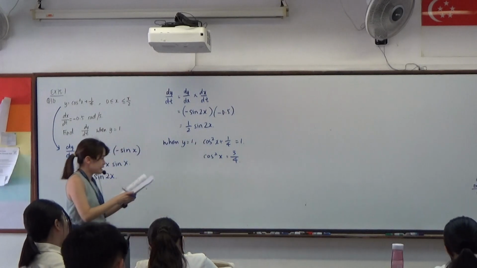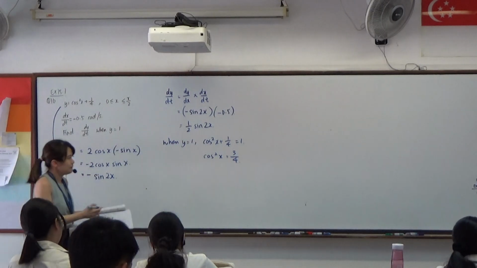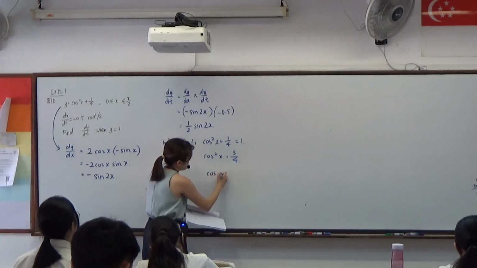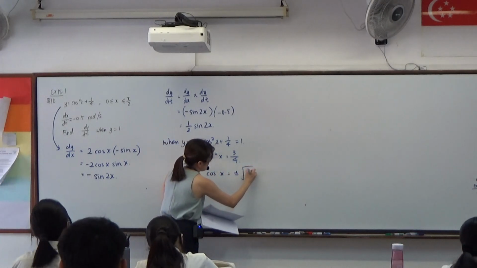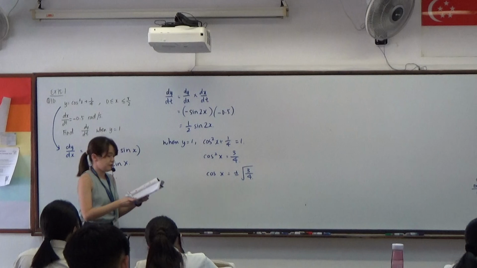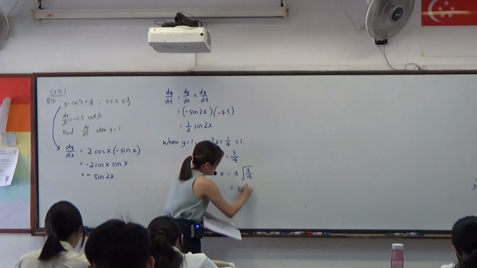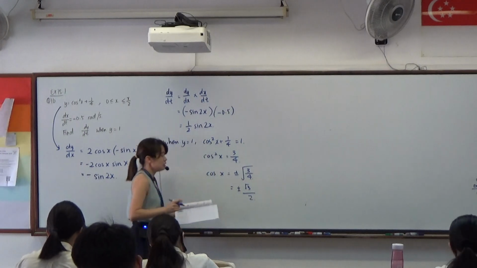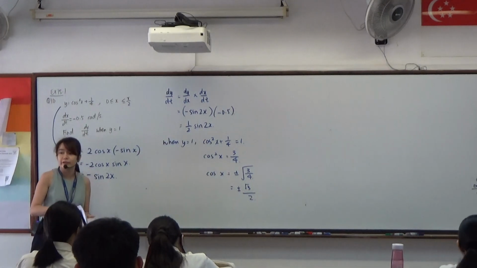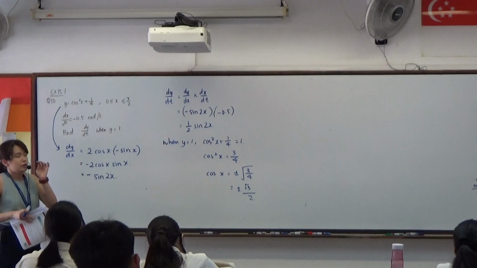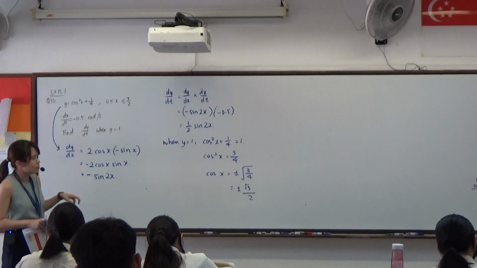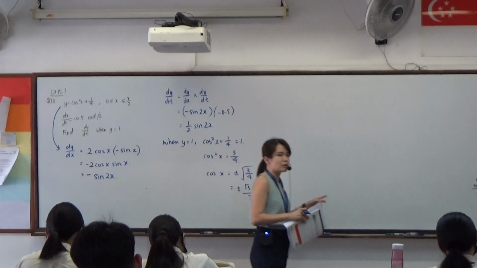So we're looking at cosine squared x equals 3 quarter. In other words, when we take square root, that is your positive and negative square root of 3 over 4, which can be simplified to plus minus square root 3 over 2. You need to be sensitive to square root numbers, especially when it comes to trigo.